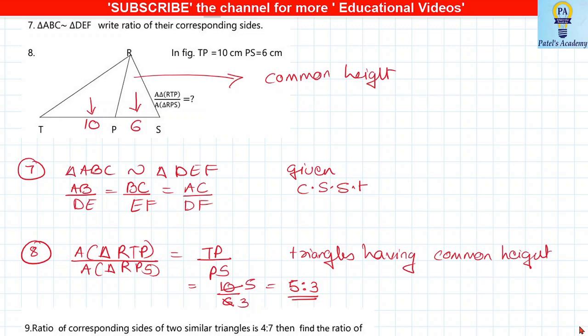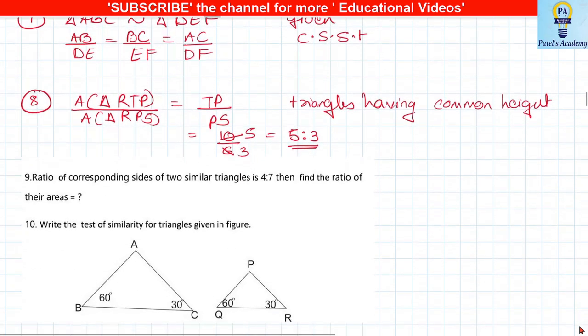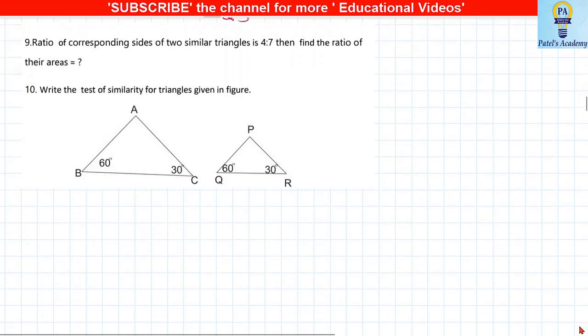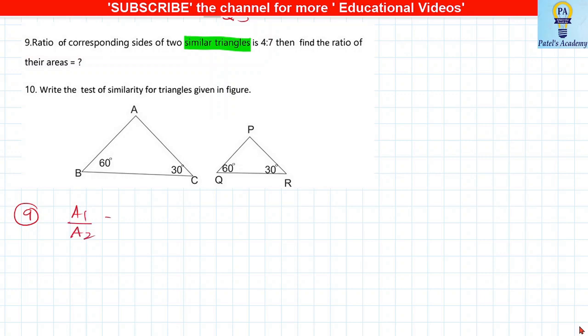Now let's see the next one, the ninth one. The ratio of corresponding sides of similar triangles. When you see the word similar, it is going to be the square. Means what? A1 upon A2 is equal to (S1 upon S2) whole square, because the triangles are given similar.